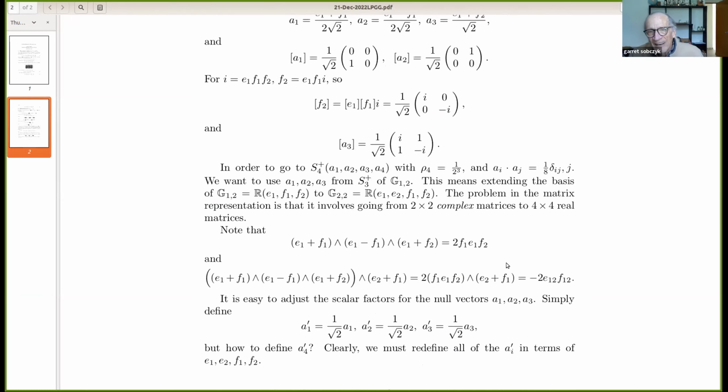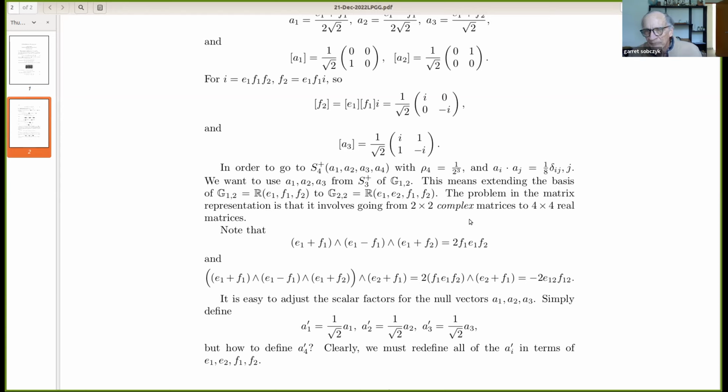Now the interesting thing is I'd like to go to the next highest symplectic algebra generated by 4 null vectors which have square 0. That's what I'm denoting by S4 plus, with A1, A2, A3, and A4. In this case, we define rho 4 equal to 1/2 to the 3, which is of course 1/8.